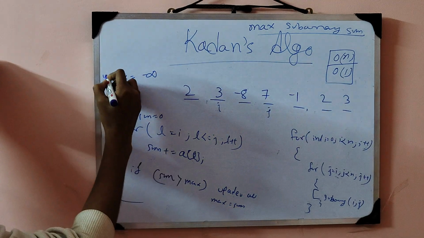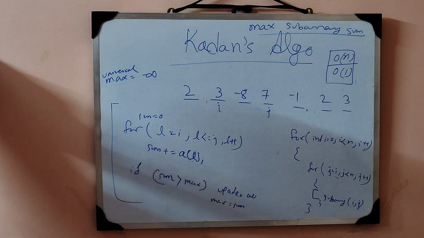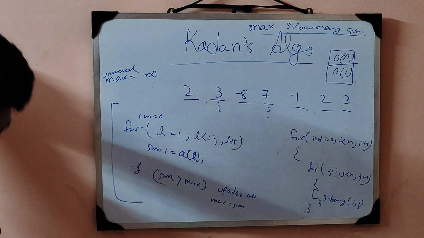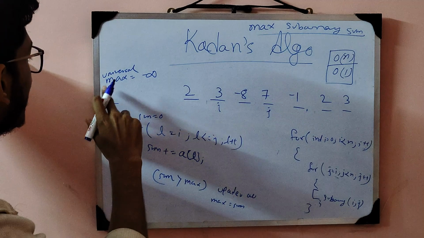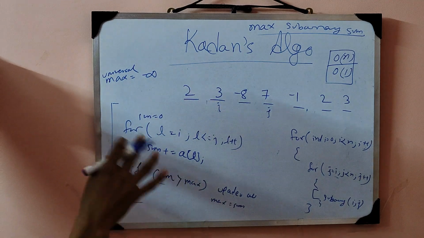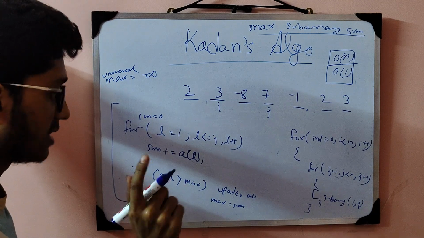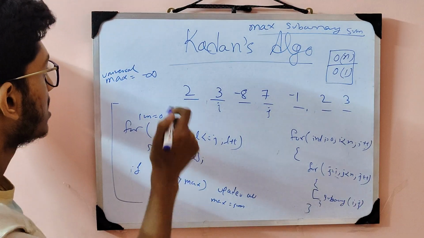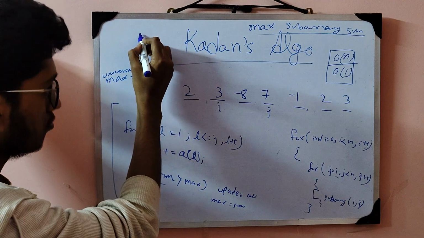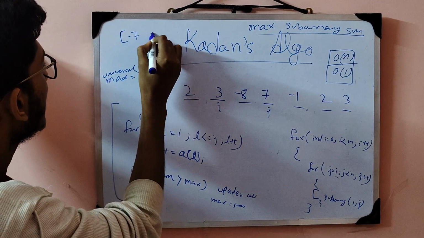My universal max, suppose like in cricket we have got the universal boss Chris Gayle. Here is the universal max, but Chris Gayle is not minus infinity initially. So why am I taking minus infinity? Let's understand this. Suppose we have been given an array -7 and -2.